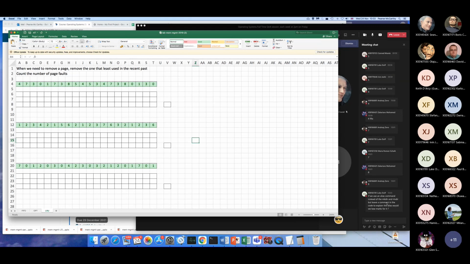If we use an alias command instead of make dir, what the hell? I don't know, dear, we'll leave a comment in the code to explain what the alias would do. An alias command instead of the make dir. An alias command. What do you mean? Apologies. Do you mean you've got an alias, you've aliased make there, or you're using an alias instead of make there? I don't quite.